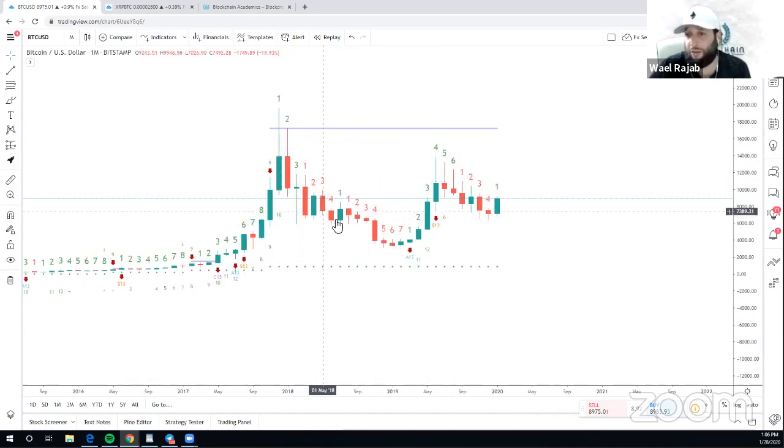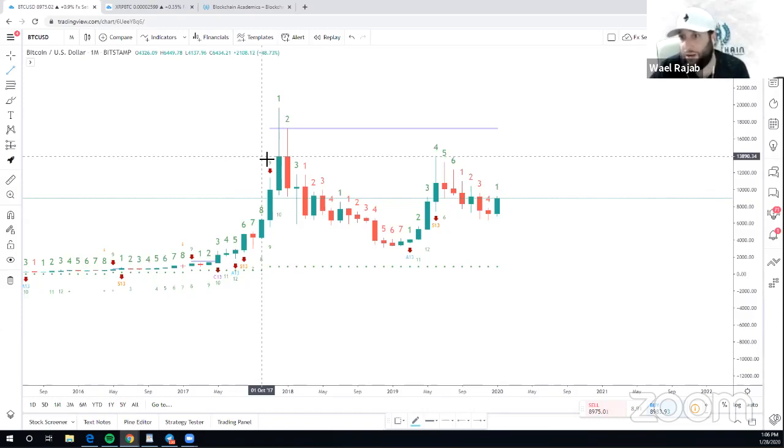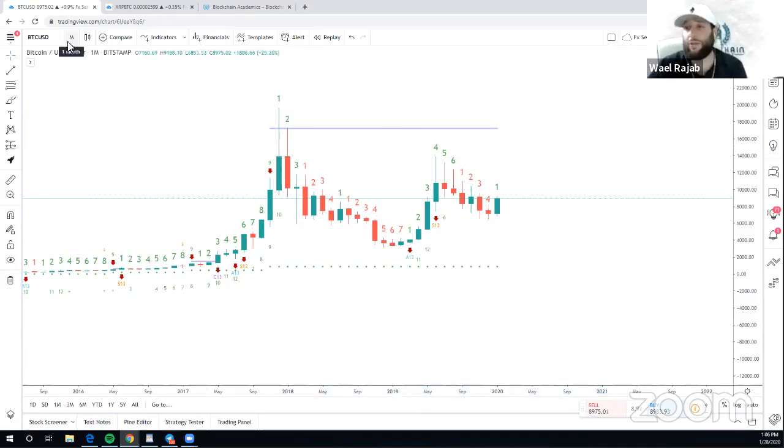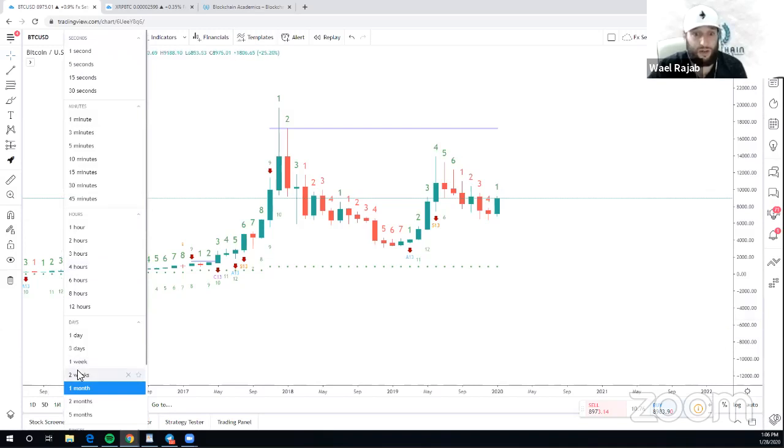So on the big picture, on the monthly, until we post over like 14,000, like here, this is where I would be bullish on the monthly time frame. Super bullish once we start putting a higher high than this and posting candles here. Let's look at the 2 weeks.